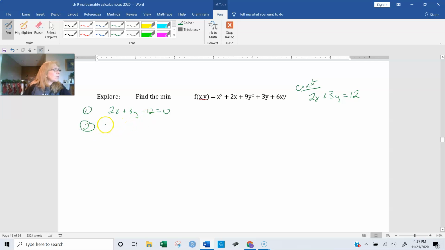So we know our function of x, y, lambda is equal to your original minus lambda times your constraint.